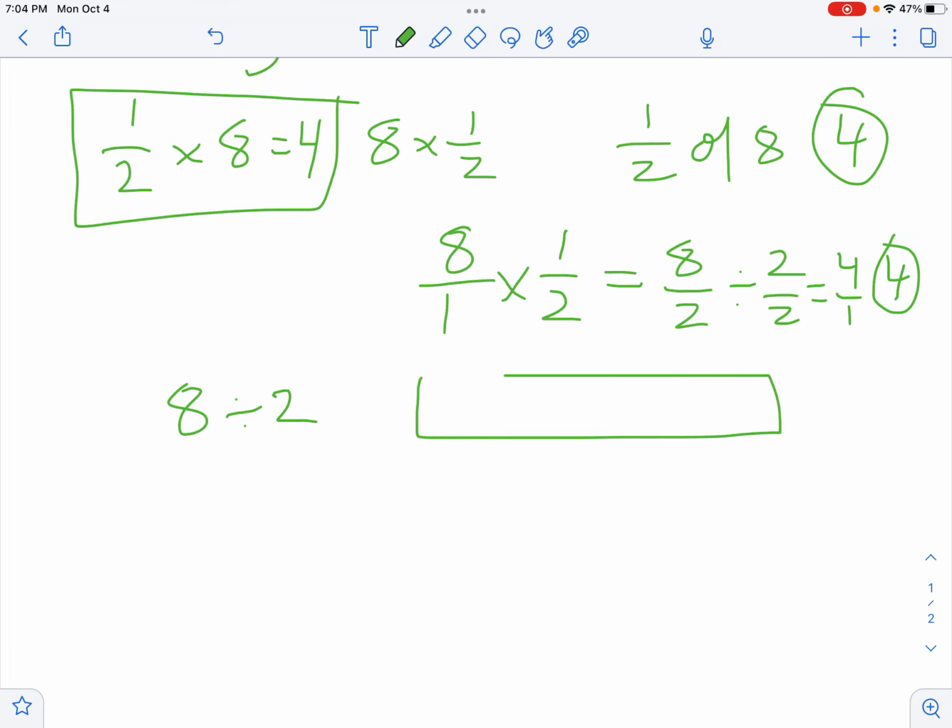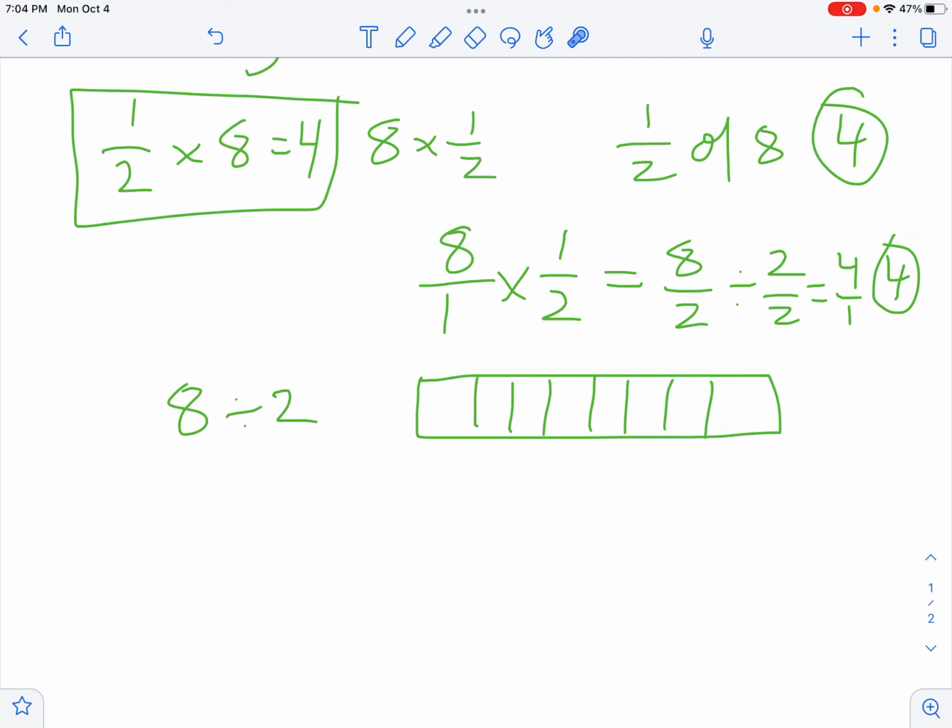So let's draw out 8. So here's a box with 1, 2, oops, let's undo that. So there's 8, there's 4, 5, 6, 7, 8. So just count, make sure: 1, 2, 3, 4, 5, 6, 7, 8. Okay, so 8 divided by 2 is 4.